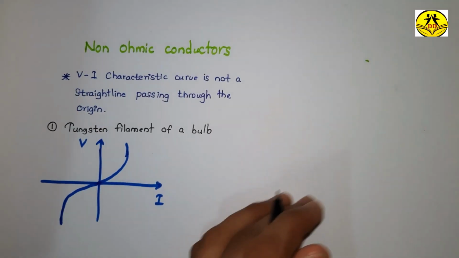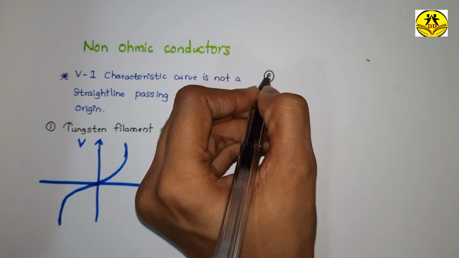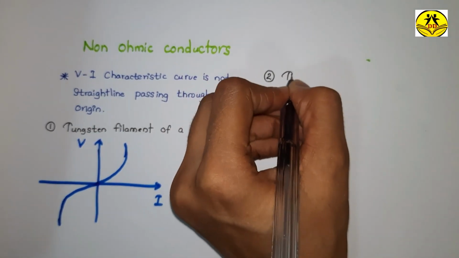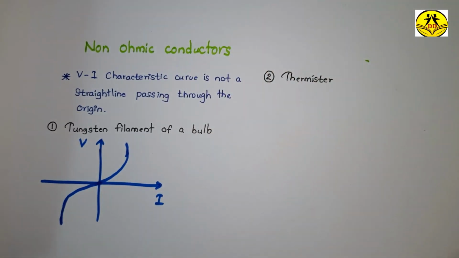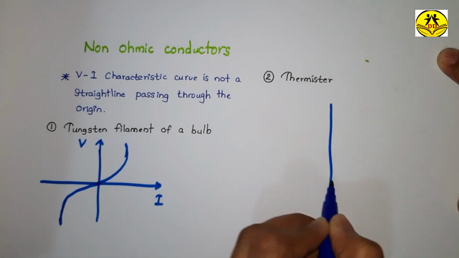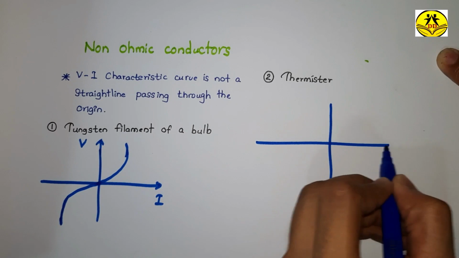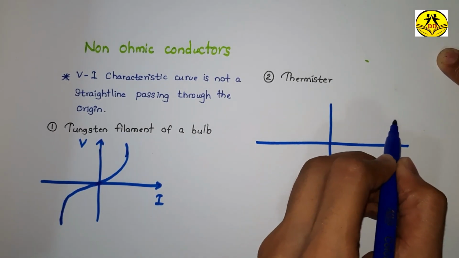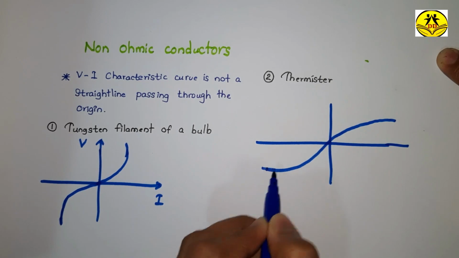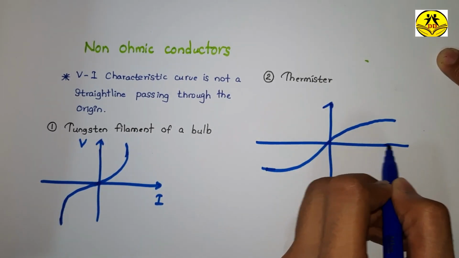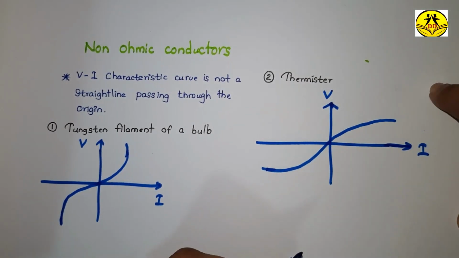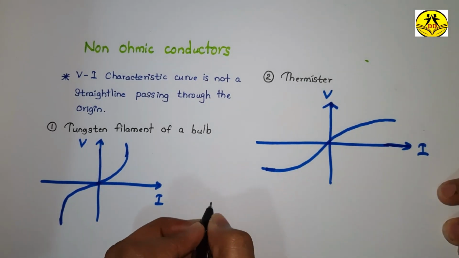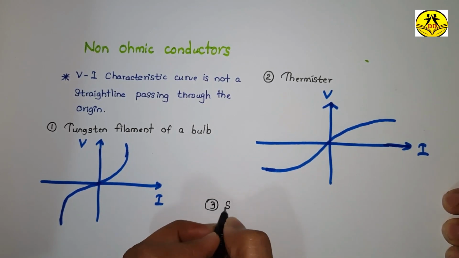The second example is a thermistor. The VI characteristic curve for a thermistor would be something like this. It's not like this. And the third example is semiconductor diodes.